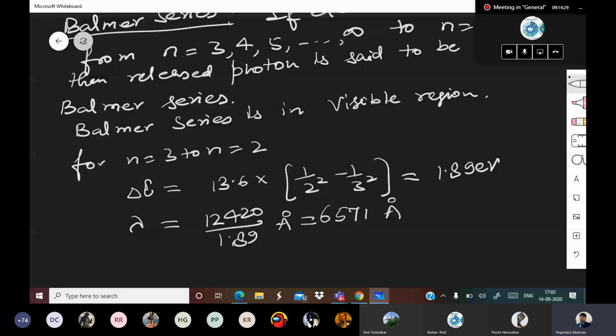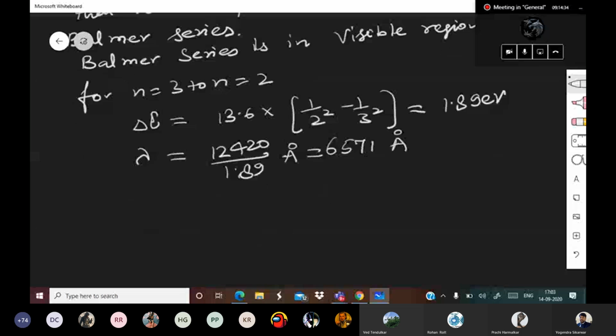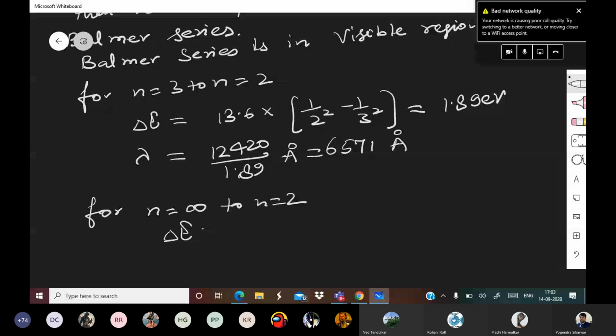Now for n is equal to infinity to n is equal to 2, delta E in that case will be how much? 3.4. Delta E will be 3.4 eV.